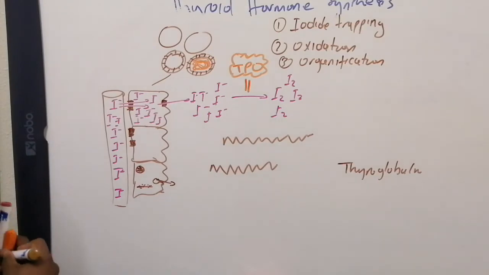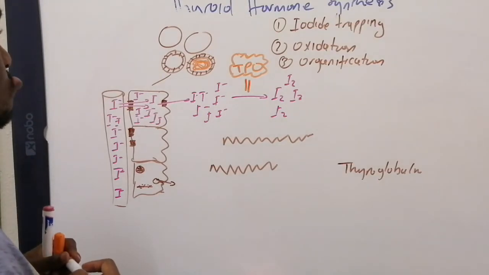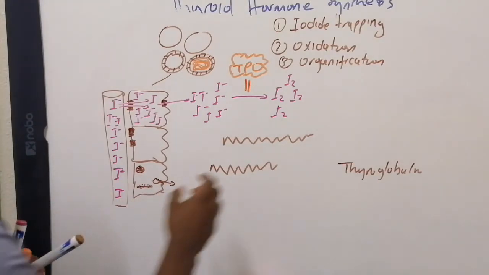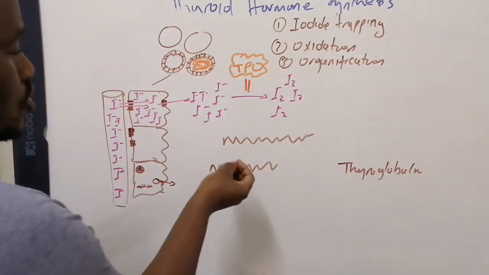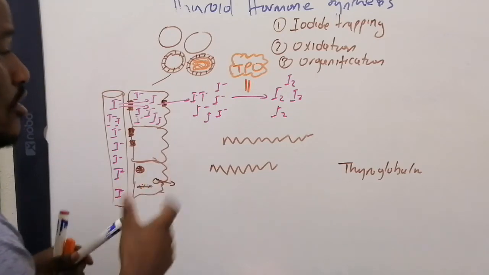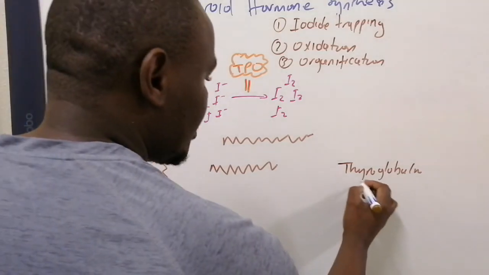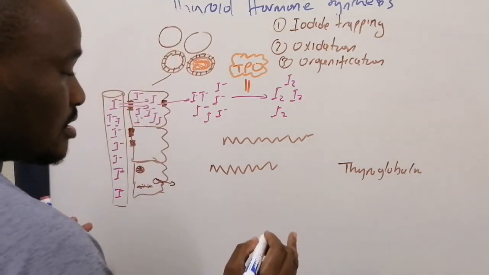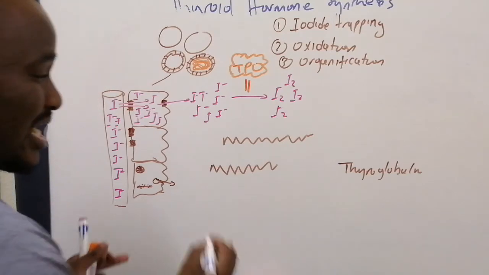Organification is the incorporation of the iodine onto the tyrosine residue. Remember, a thyroglobulin is a protein, and we know that the building blocks of proteins are amino acids.